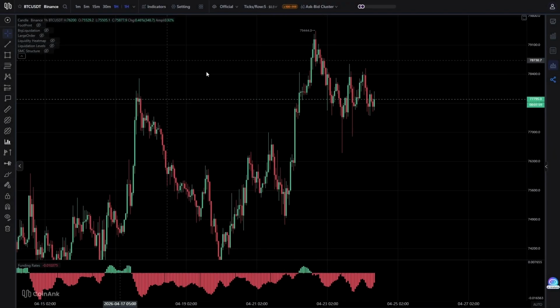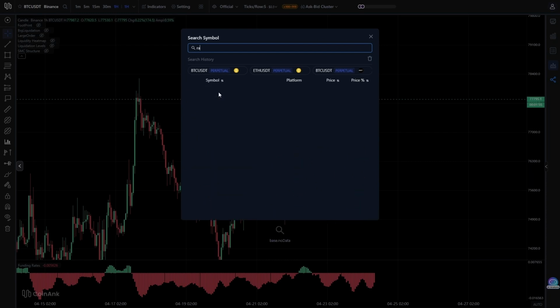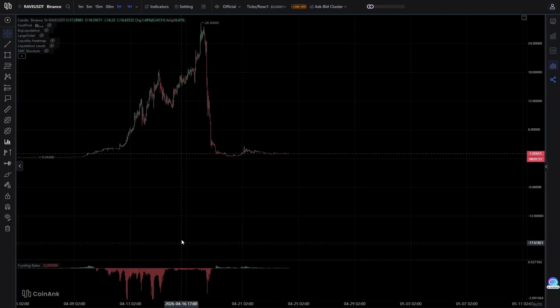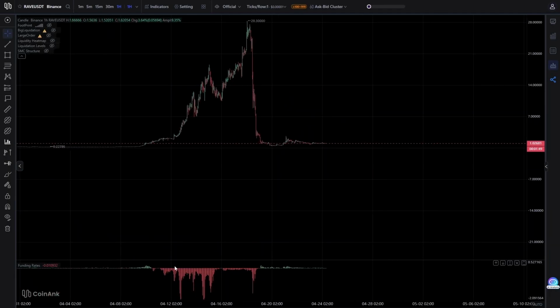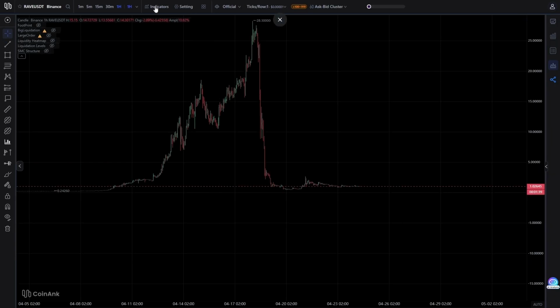Not so necessarily for Bitcoin, but let's say we look at coins like Rave. Here we see they have very big swings in funding fees, so also really nice to use for analysis on quote-unquote shitcoins. So really nice to have there as well.